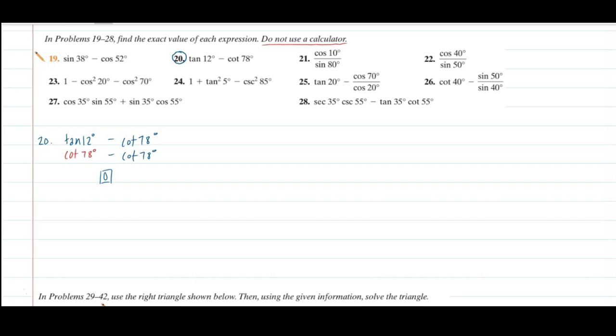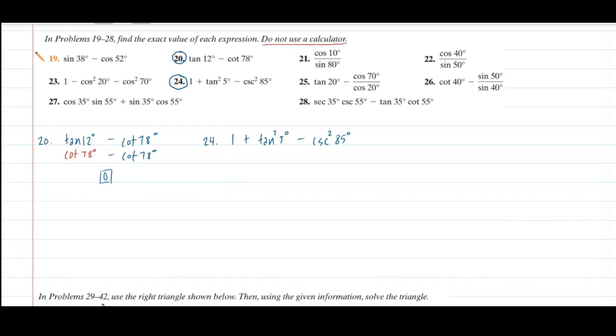All right? Let's take number 24. Let's try that. Number 24 says 1 plus the tan of 5 degrees squared minus the cosecant of 85 degrees squared. All right, so you're probably wondering, where are we going with this one?